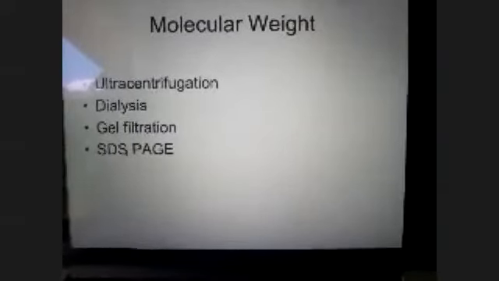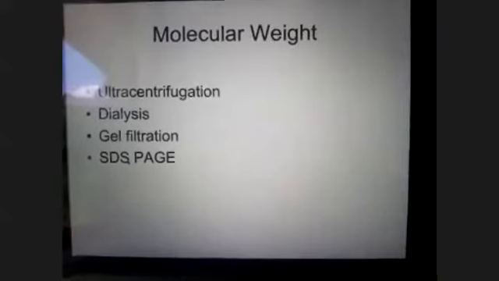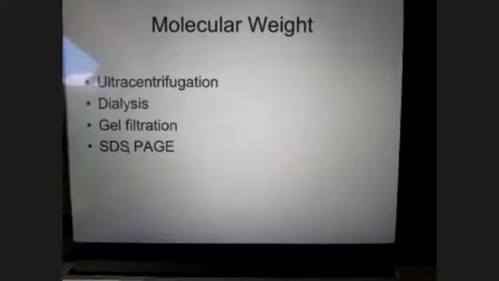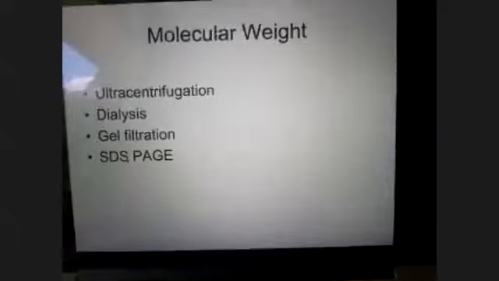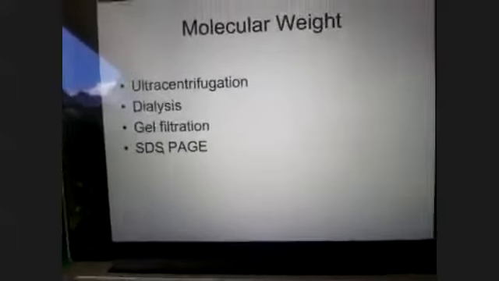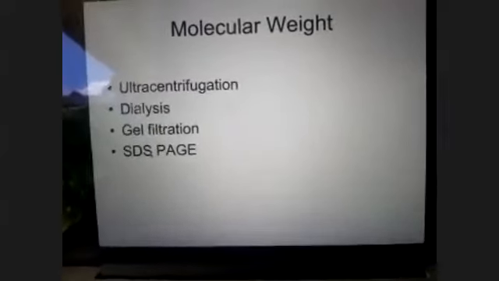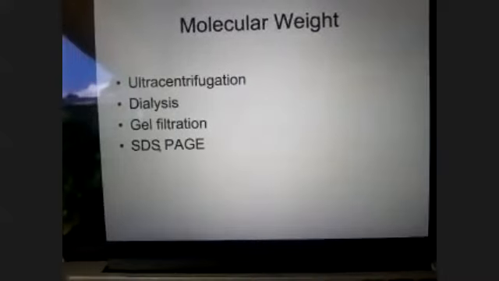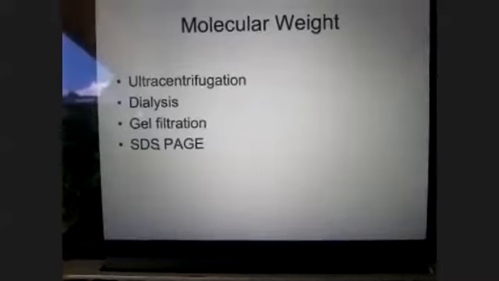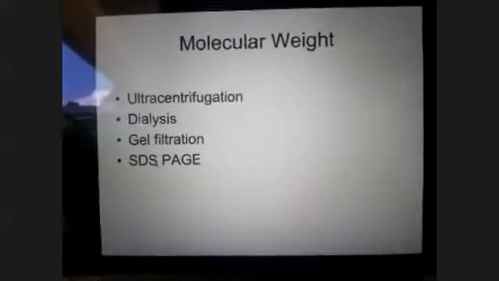And then there is dialysis, which involves a tube, like a snake skin tube. It is a tube that comes in different sizes, and we call it snake skin.